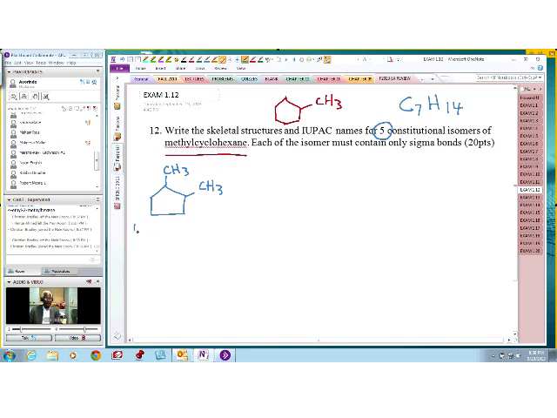And what is the name of this? 1,2-dimethylcyclopentane. We could also have this.